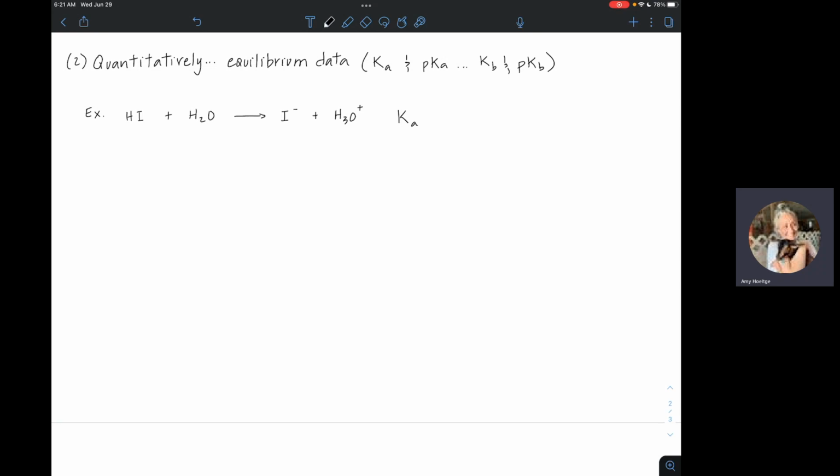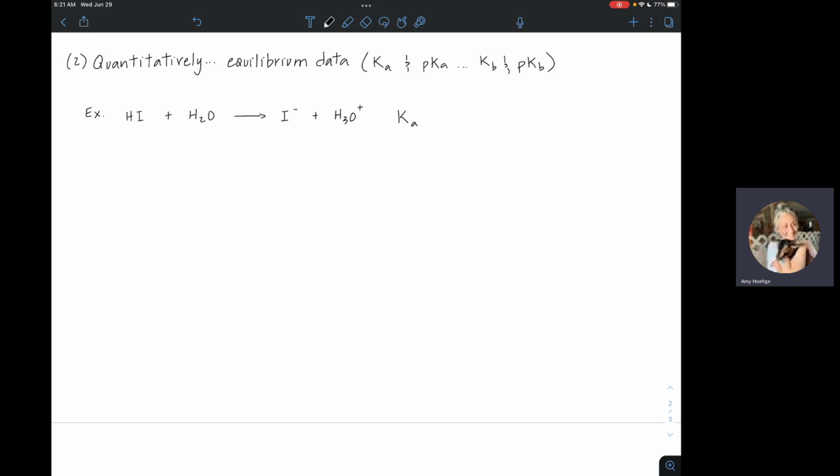If you see a Kp, they're telling you that the equilibrium data was measured as a pressure sort of unit. If you see a Kc, they're talking about a mixture, usually an aqueous mixture, where you're dealing with a solution, and then they're talking about a concentration. If you see a little sp after the K, they're talking about a solubility product. But the capital K in general is talking about an equilibrium process.